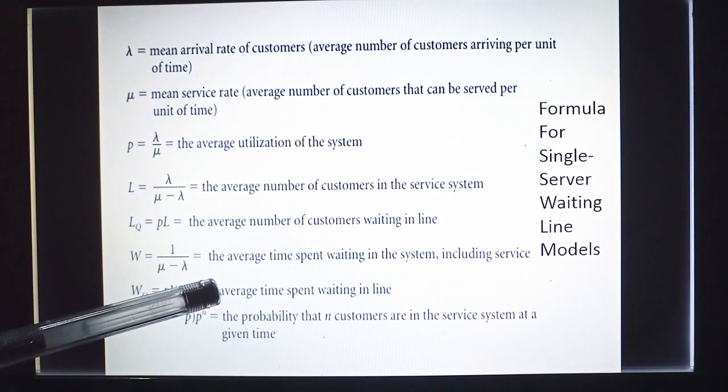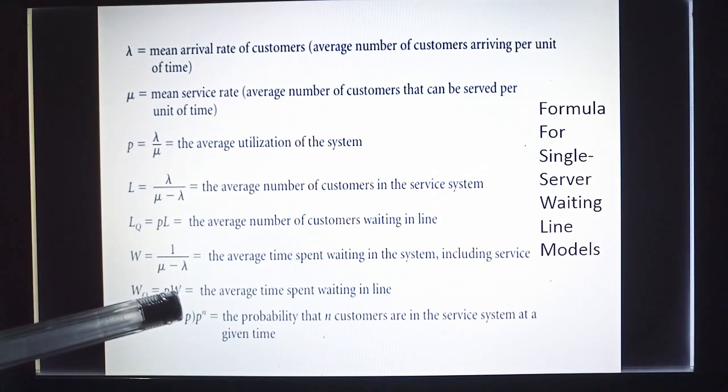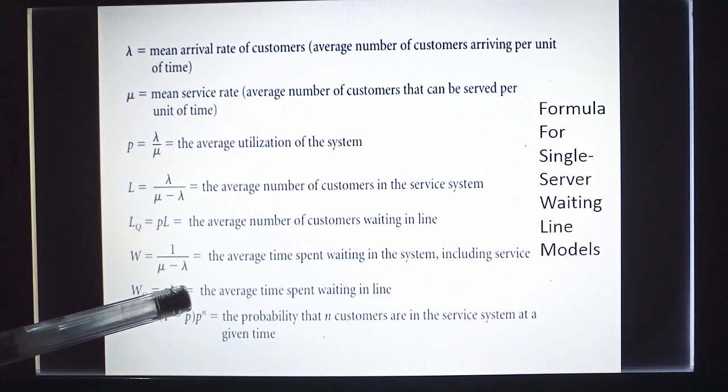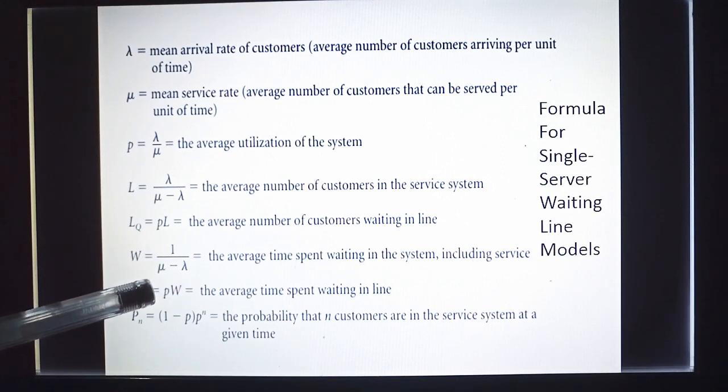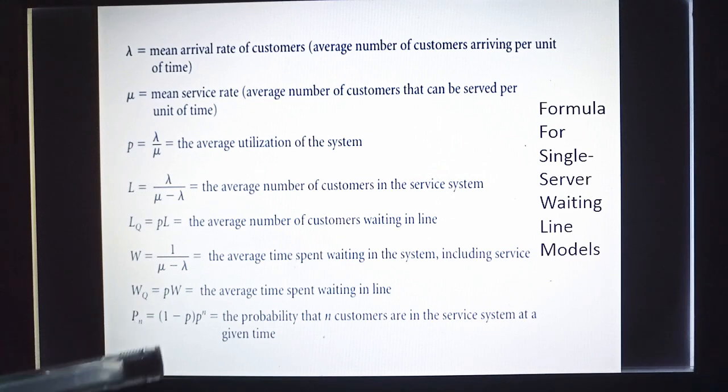In order to get this, you take the time for each individual before and after he or she is served, and then take the average of that. So we call it the average time spent waiting in line.